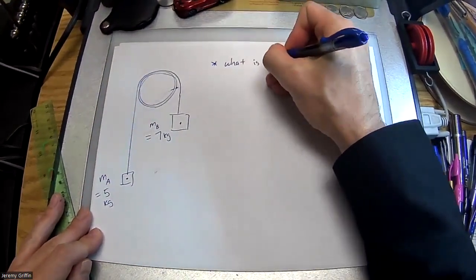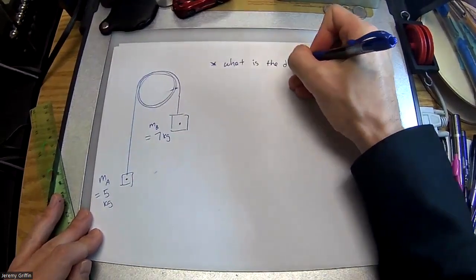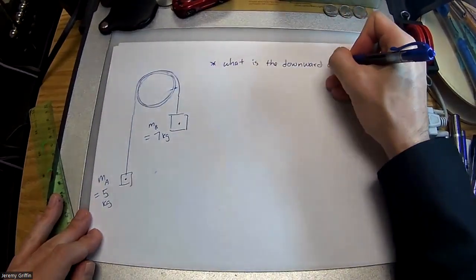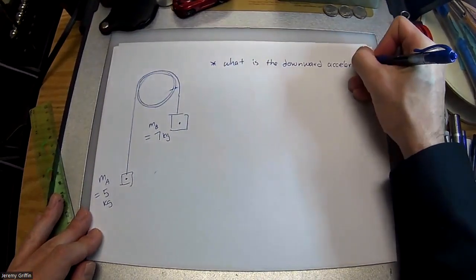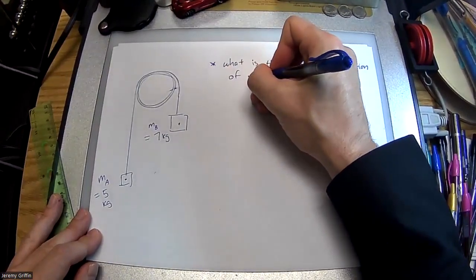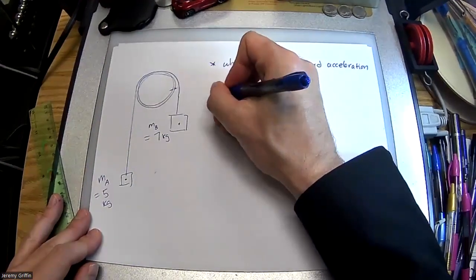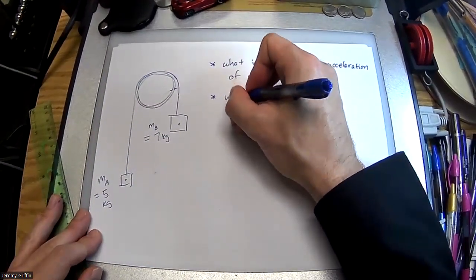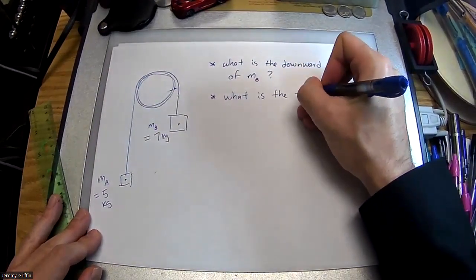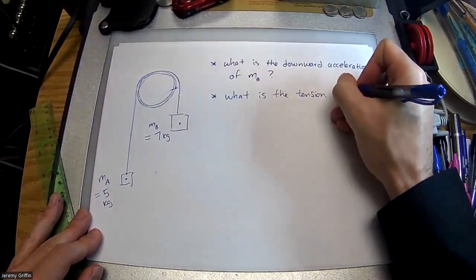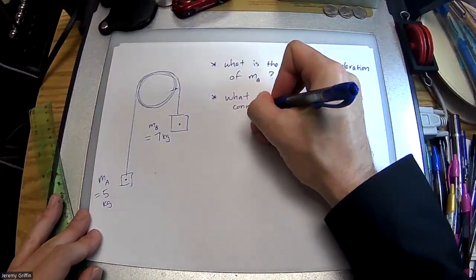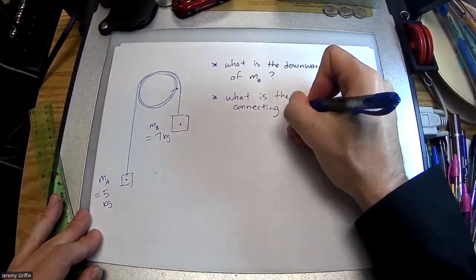What is the downward acceleration of mass B? And the follow-up question is, what is the tension in the connecting string?